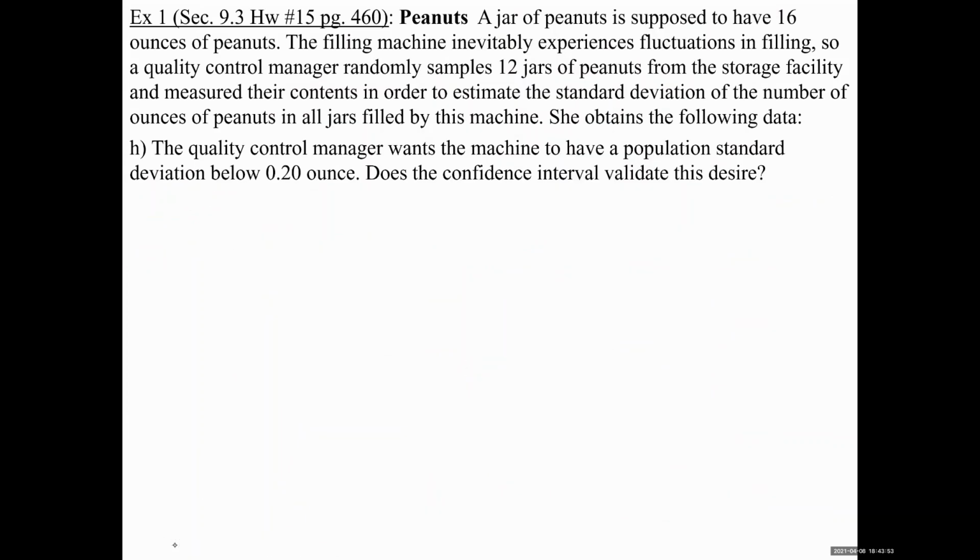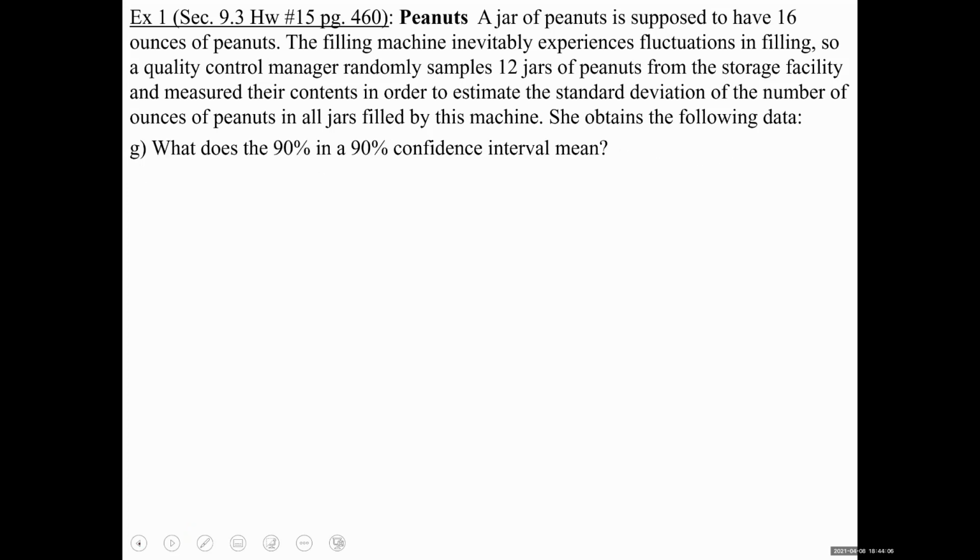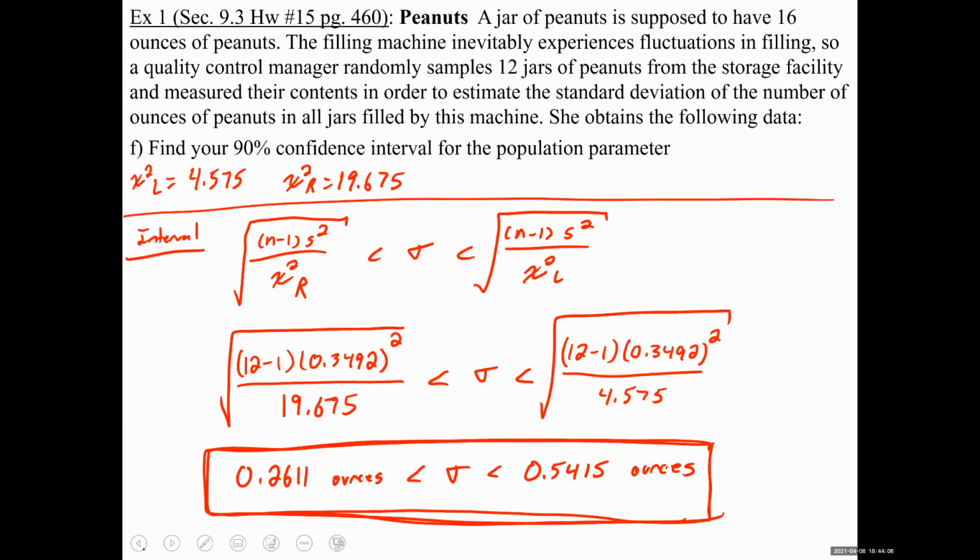The quality control manager wants the machine to have a population standard deviation below 0.20 ounces. Does the confidence interval validate this desire? Okay, so in our problem, let me go back. Sorry, I forgot what it was. I'm going to take a picture of these numbers.